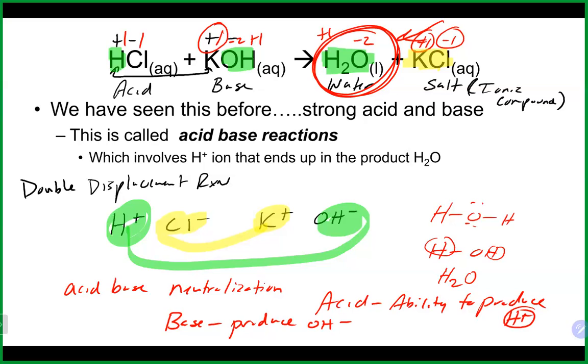Bases, on the other hand, do not necessarily have to have OH minus in them, but they're able to produce it. So most strong bases, like potassium hydroxide that we see here, or sodium hydroxide, will have that hydroxide in them, but weak bases actually don't have hydroxide in them, but they're able to produce OH minus, so that makes them a base.